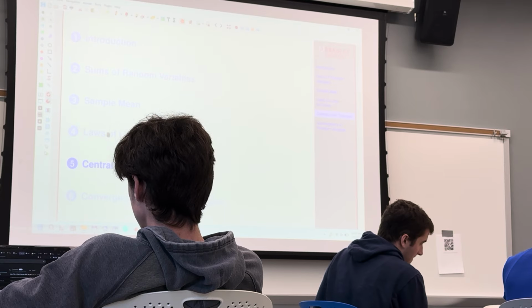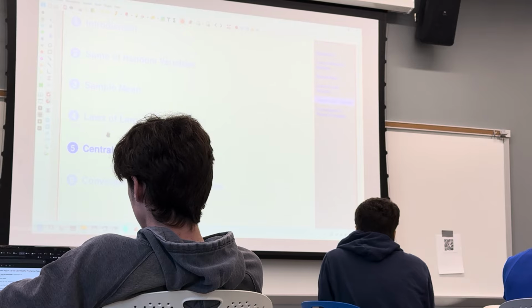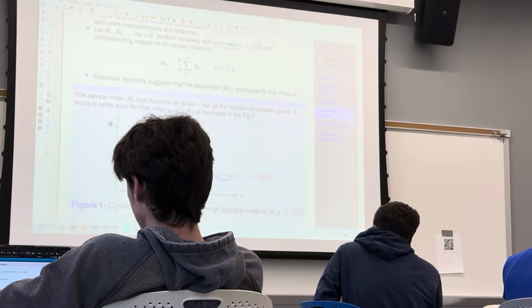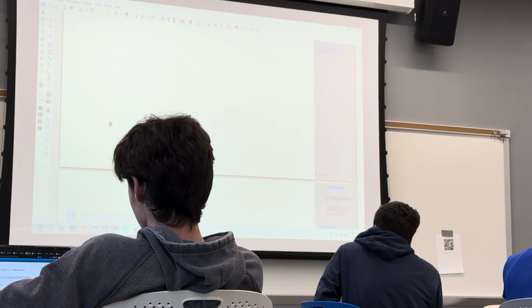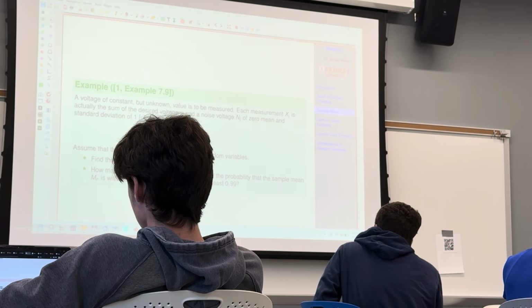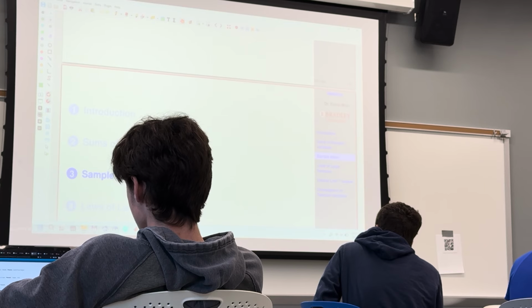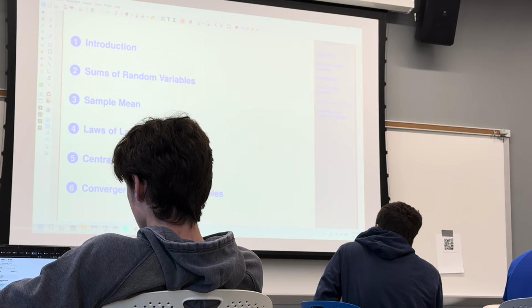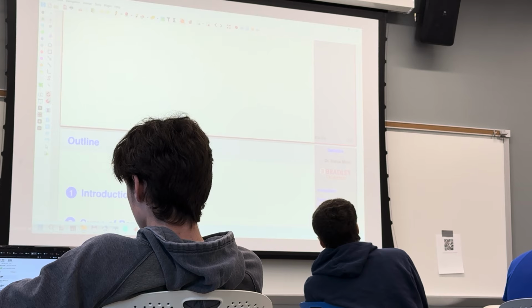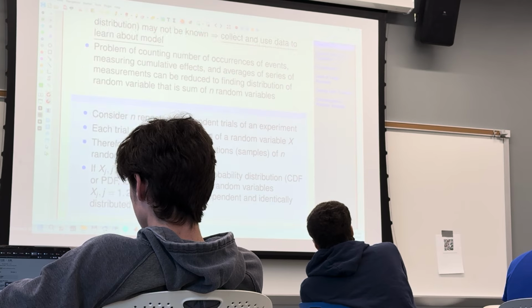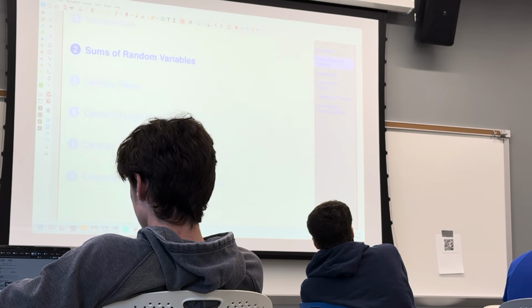In chapter number 7, three sections that I went through: laws of large numbers, Chebyshev inequality, and you actually need the Chebyshev inequality. I went through this example as well. Go through all of these examples, but among all the topics that I have in chapter number 7, which is basically part 2 from chapter 7, these are just for true false type questions, and as you can see I went through sample mean, laws of large number, central limit theorem.